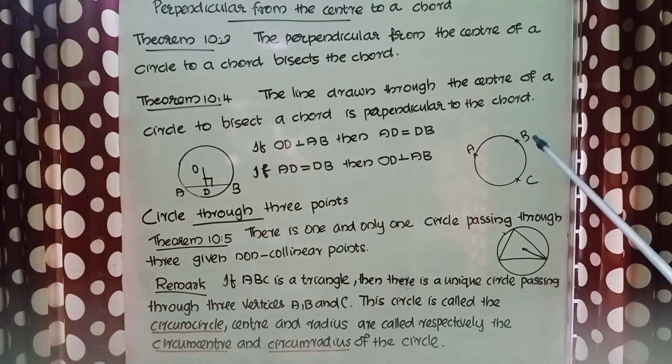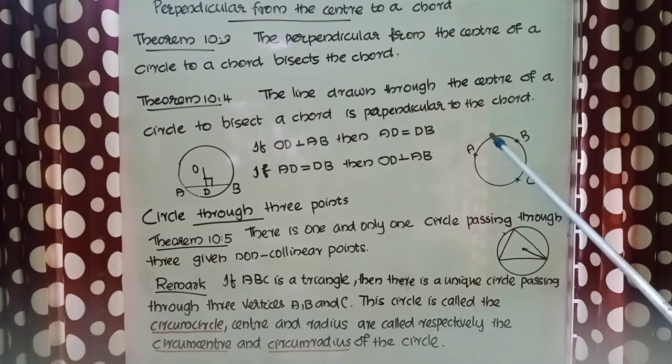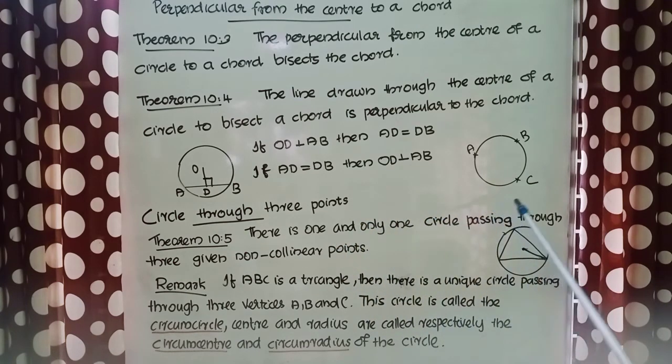Here I have marked 3 points A, B and C. They are not lying on the same line. Then the theorem says that we can draw only one circle passing through these 3 points. There is one and only one circle passing through 3 given non-collinear points.